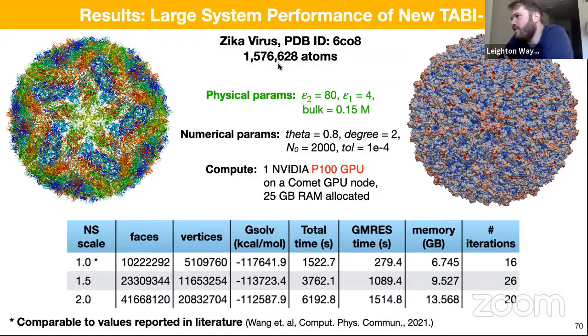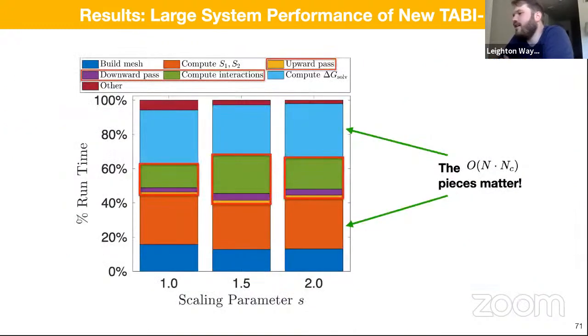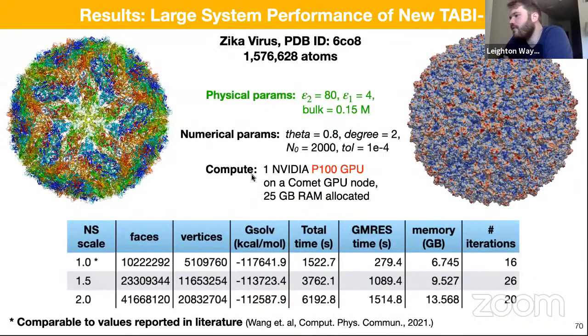This is 1.6 million atoms. So in this case, we couldn't have even attempted to run this on a single CPU core. We could have used OpenMP and run it on many cores, but this is a good opportunity to try to show what we could do on a GPU.